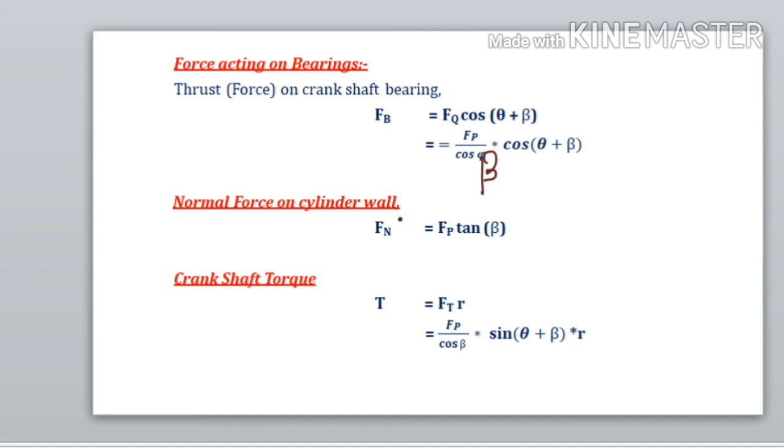The normal force acting on the cylinder wall Fn equal to Fp tan beta. Crankshaft torque equal to Ft into R, where Ft equal to Fp upon cos beta multiplied by sin theta plus beta, multiplied by R.